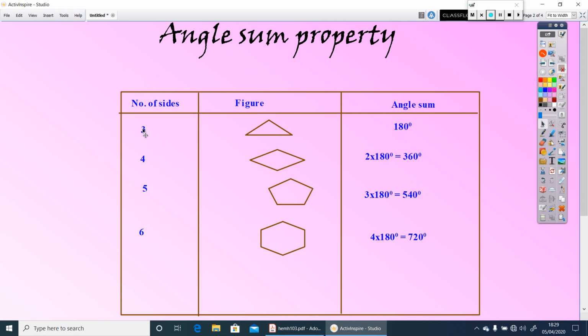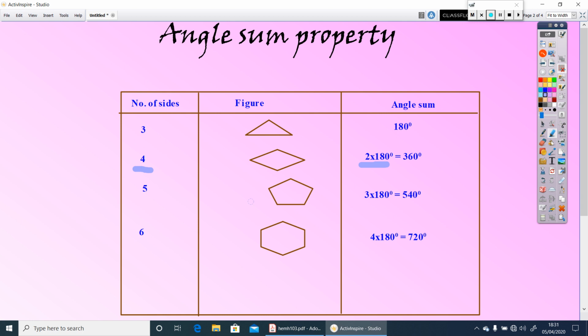Now there is a relation between all these. If the number of sides is 3, it is simply 180 degree, that is 1 into 180 degree. If the number of sides is 4, the measure of angle we are finding is 2 into 180 degree.